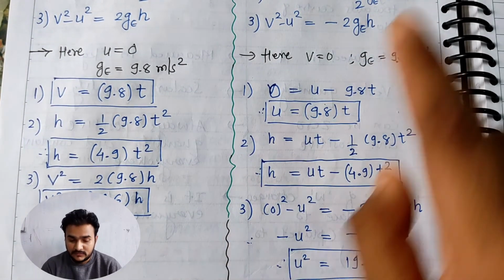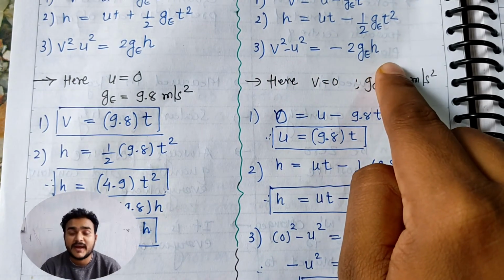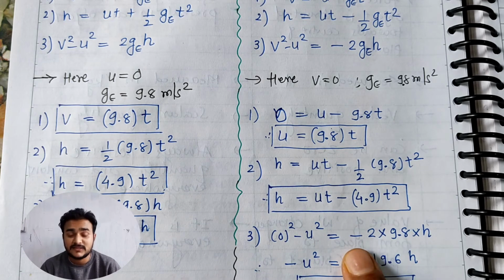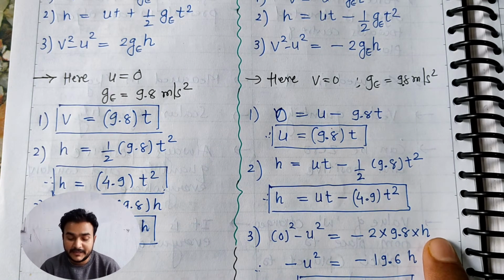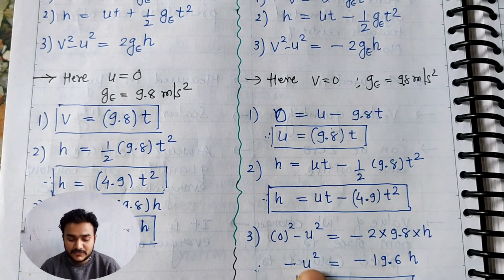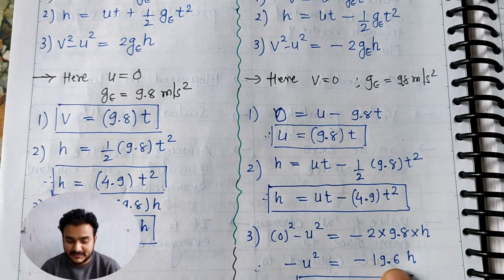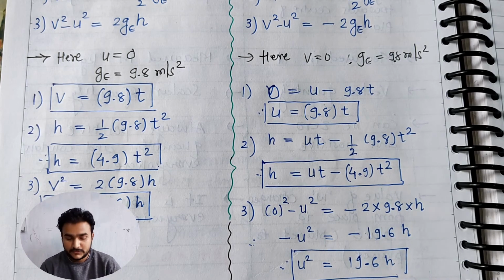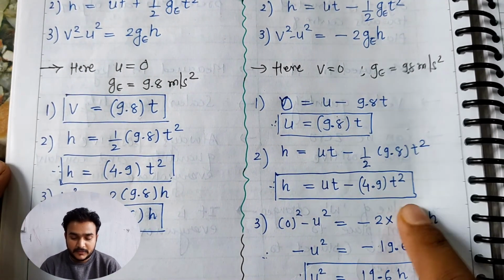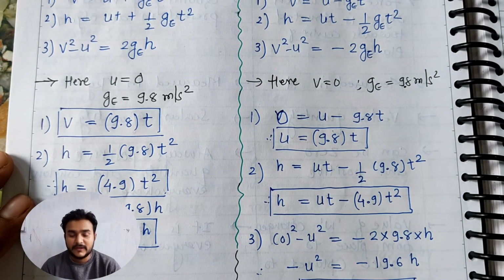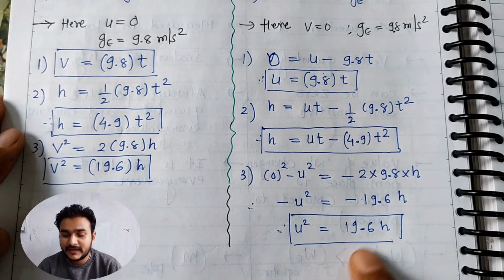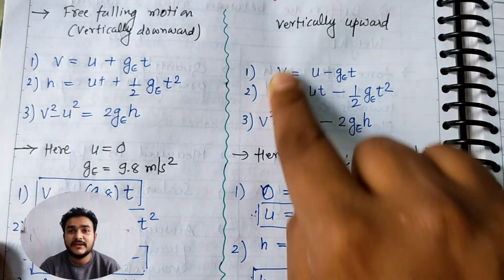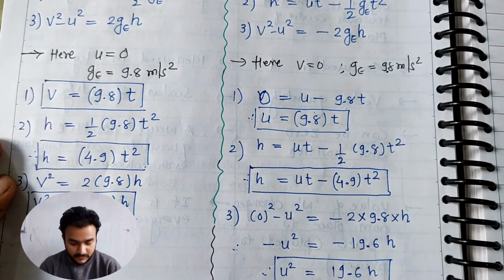Third equation, v square minus u square is equal to minus 2gh. So 0 square minus u square is equal to minus 2 into 9.8 into h. So minus u square is equal to minus 19.6 into h, so u square is equal to 19.6 into h. So these are the set of equations for the vertically upward motion. You can directly memorize them, or you can just memorize the general equations and make these three sets yourself.